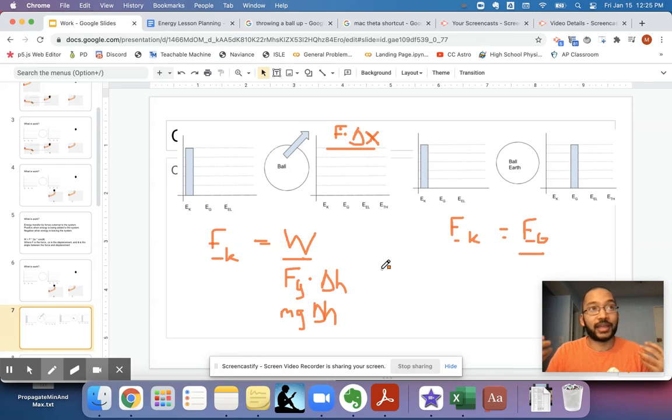I know now that when energy is being added to the system, the overall sign should be positive, and if it's leaving the system, the overall sign should be negative. So that's why I introduced the sign afterwards. I don't really worry about it so much in the math. I kind of force it to work. But getting back to force times displacement, we got mgh, and we know that gravitational energy is mgh.